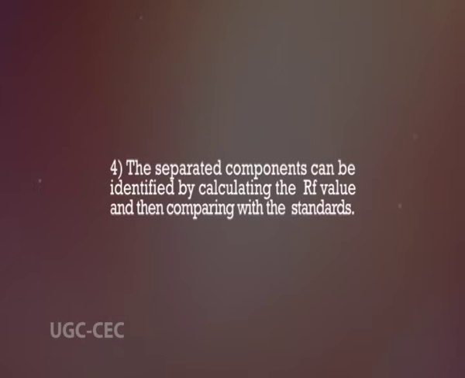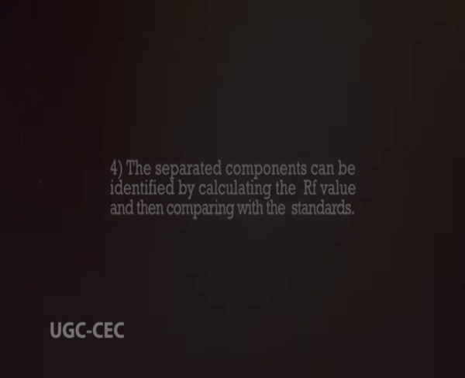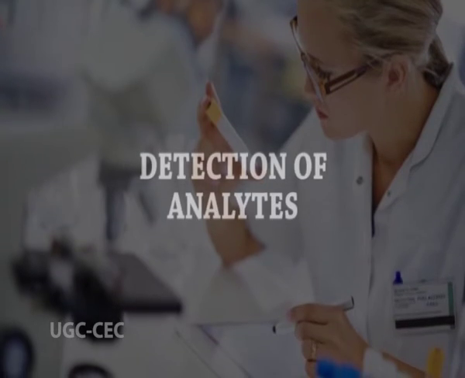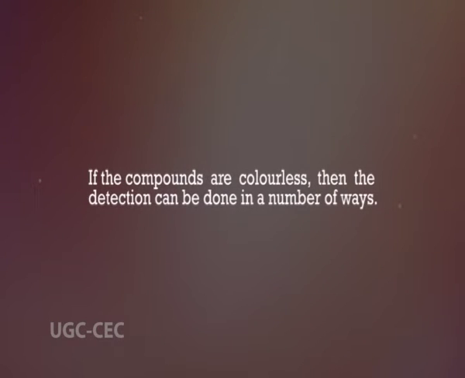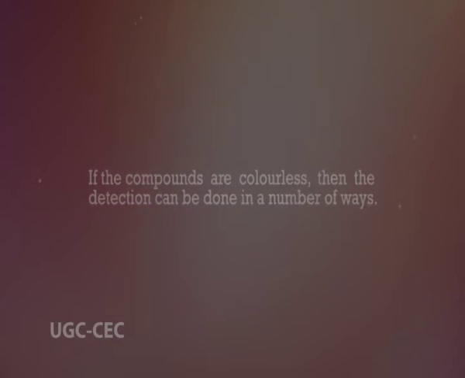Fourth one, the separated components can be identified by calculating the Rf values and then comparing with the standards. Now, detection of the analytes. If the compounds are colorless, then the detection can be done in a number of ways.